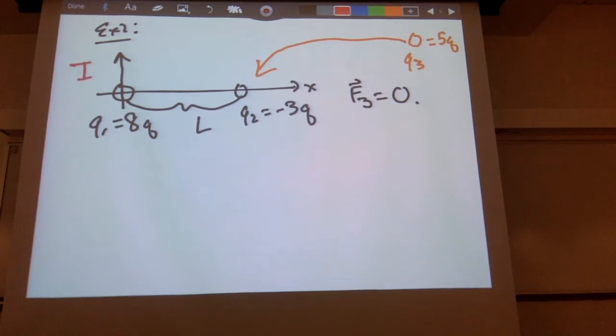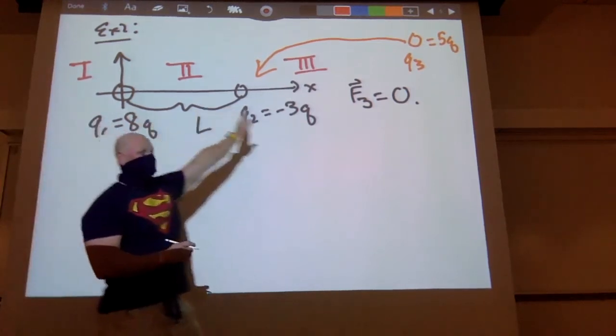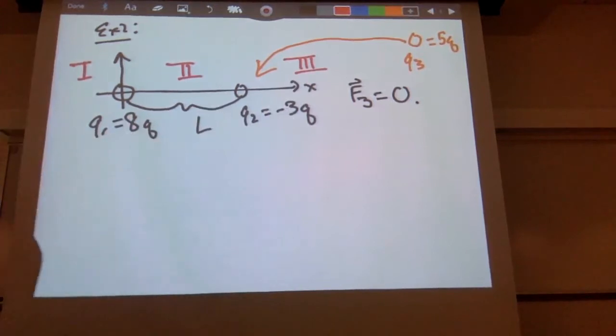Either somewhere out here, to the left of the origin, which I'm going to call region 1. Region 2, the region between Q1 and Q2. And finally, region 3, to the right of where Q2 is. What I want to know is in which one of these 3 regions I could put this third charge so that it experiences 0 force. This is what we want to know.